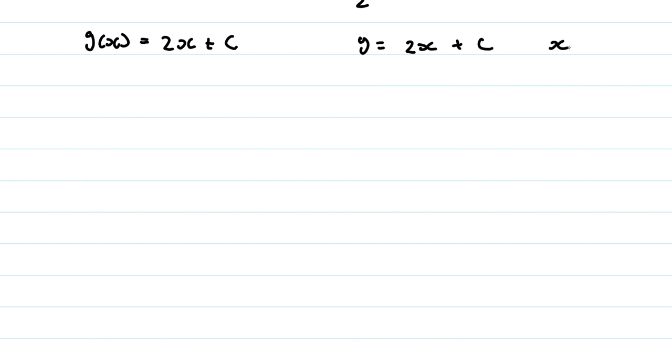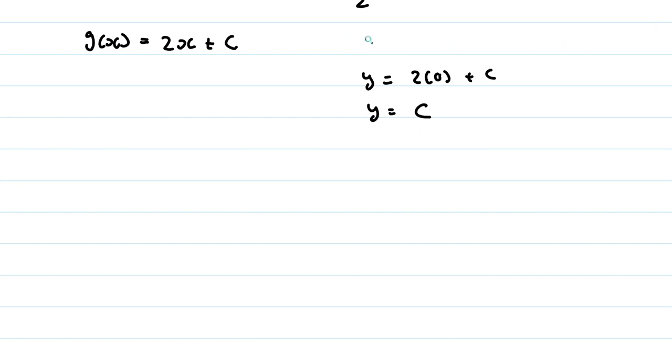So we can say x is equal to 0 at the y-intercept. We can't do that because if we set x to 0, we have something like this now. So we have a 0 plus, so we just have c. And c is what we're looking for. So we just basically have an unknown value right there. So we can't use this method.